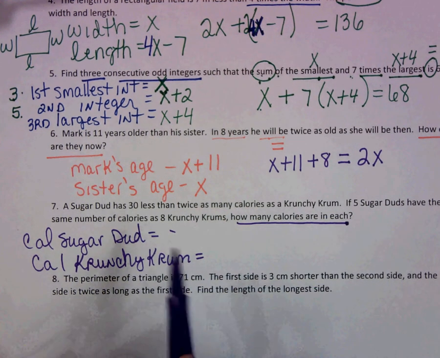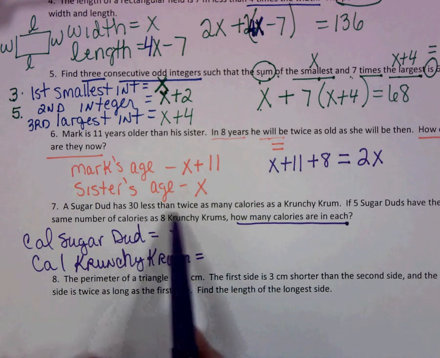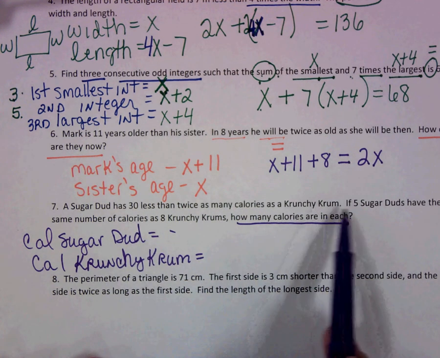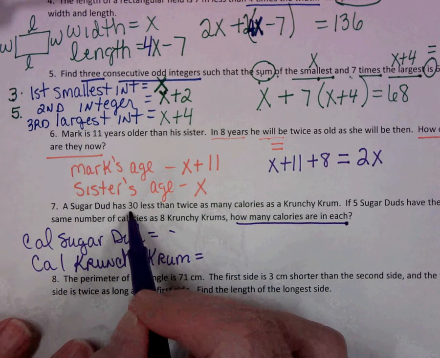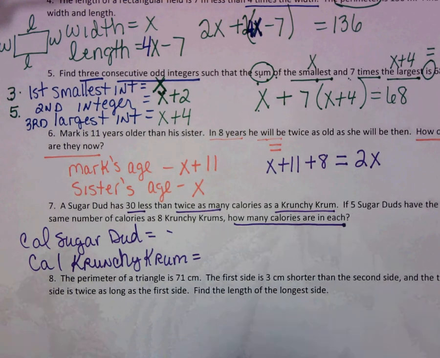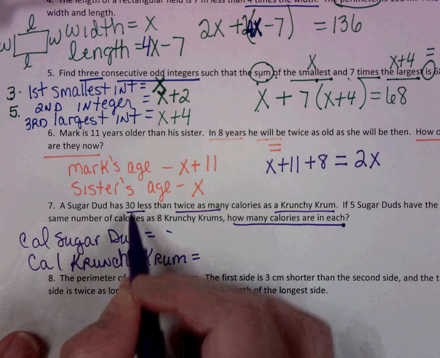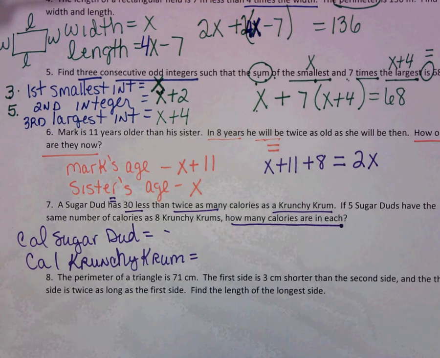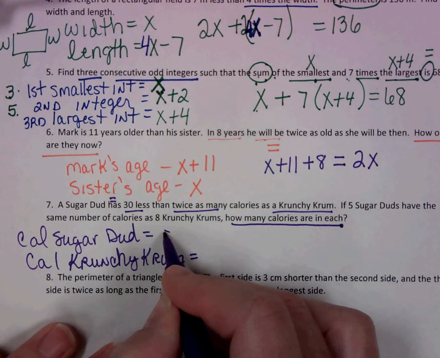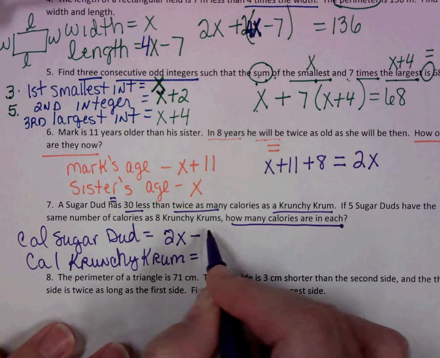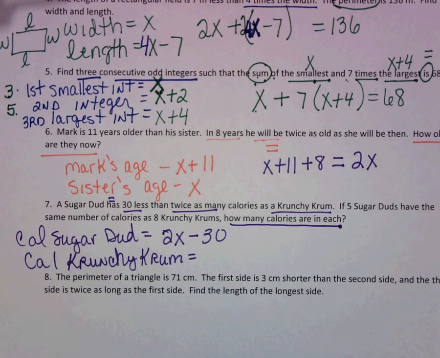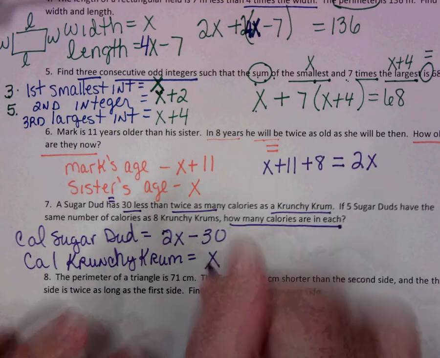It says a sugar dud has 30 less than twice as many calories as crunchy crumb. So just looking at that sentence, sugar dud is equal to 2x minus 30. You would translate it like that, which means crunchy crumb is x.